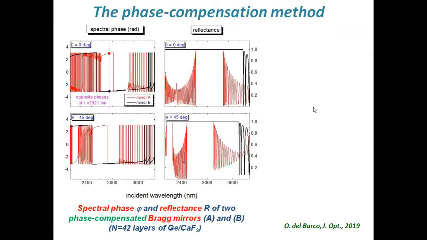Here we have the spectral phase phi and the reflectance R of two phase-compensated Bragg mirrors, A and B, for 42 layers of germanium and calcium fluoride. Germanium is the high refractive index material, and this one is the low refractive index. Here, the red one is the phase for the A mirror.